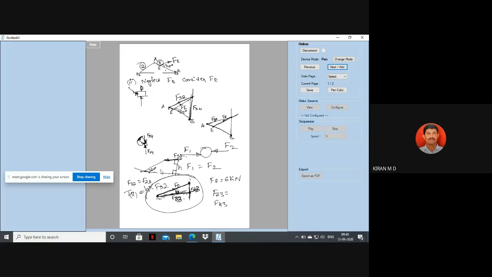This is the torque for this shaft, this connecting rod, by considering only FE and neglecting FB. So the total torque on the crankshaft, considering both the forces, is T equal to T1 plus T2, the summation of torque in both the conditions.